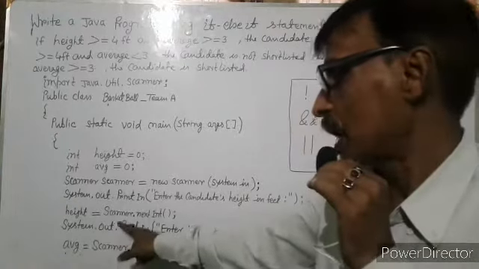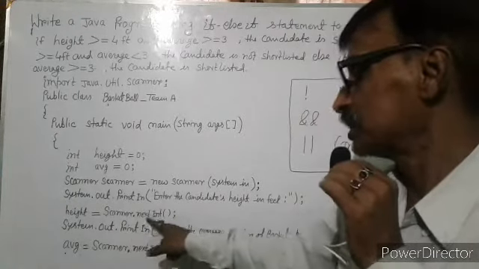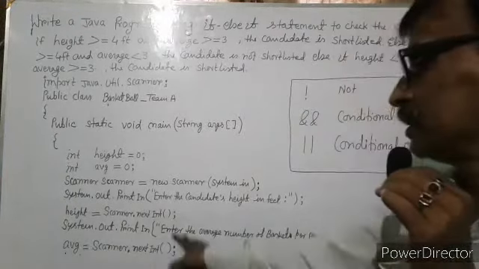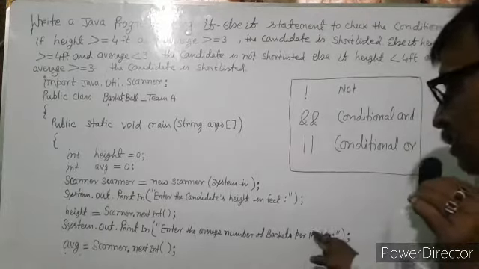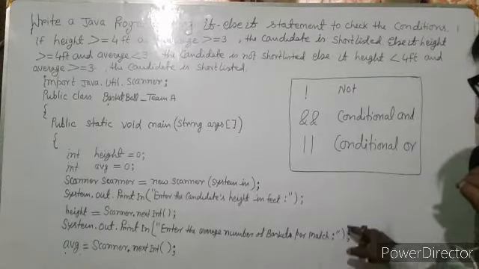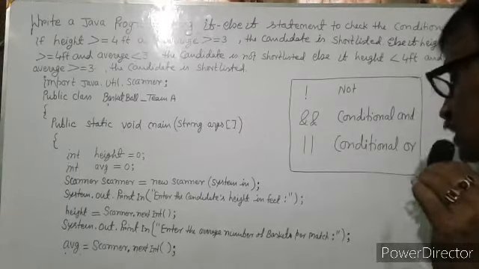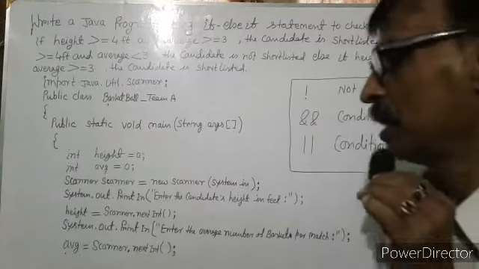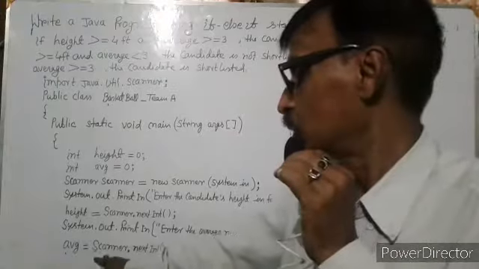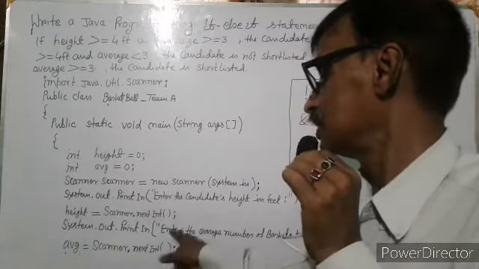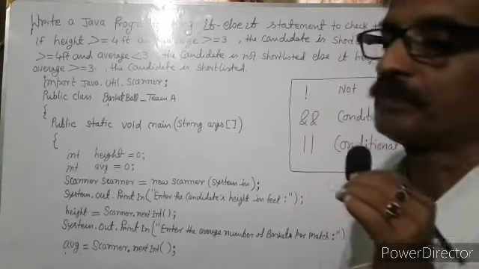System dot out dot println parenthesis begin, within quotes, enter the average number of baskets per match colon, quotes close, parenthesis close semicolon. Now avg equals scanner dot nextInt function semicolon.